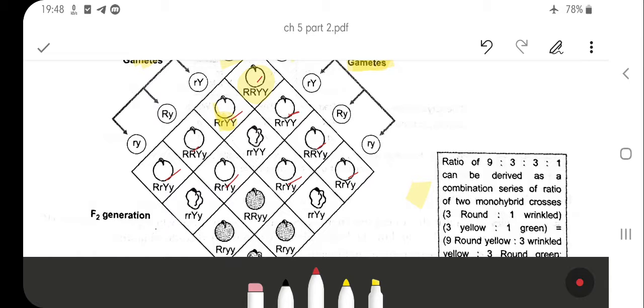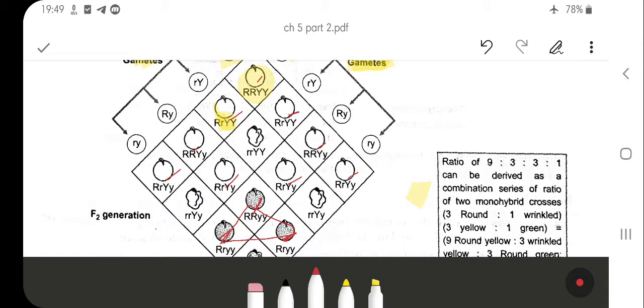This is your first round green, capital R but small y, and this is again your green. Fine. And the next one is this one. So these 3 are your round green. 9 is round yellow and 3 is round green.